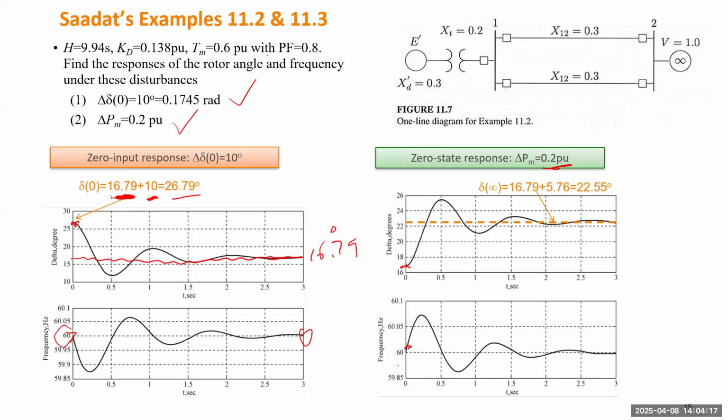So finally, the angle will stabilize at the new angle. This is the new equilibrium point. So those two I treat as the old SEP, and those two are the new SEP.